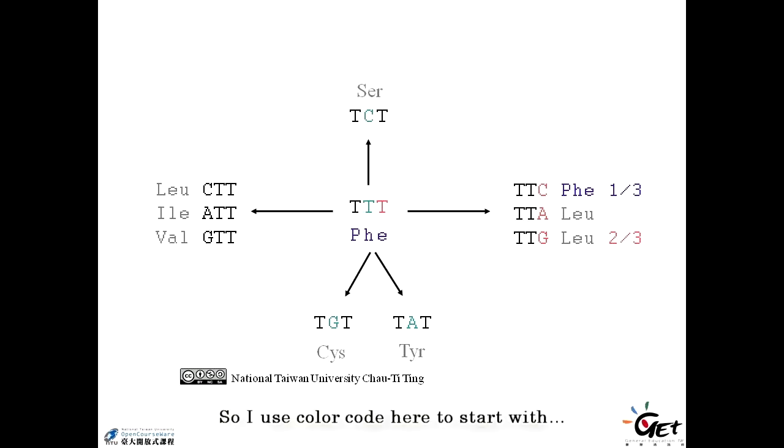I use a color code here. To start with, I use T instead of U from the previous codon table. I start with the codon TTT, and there are 3 positions. I use a color for each position. On the left side of this slide, I change the first position to CTT, ATT, and GTT.